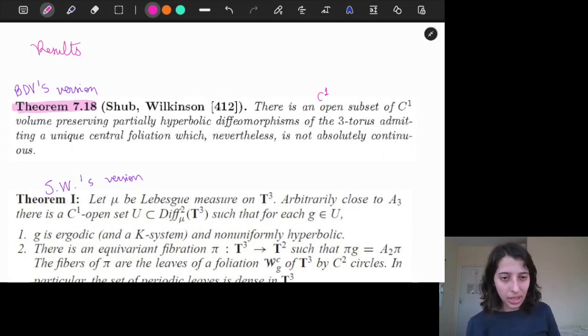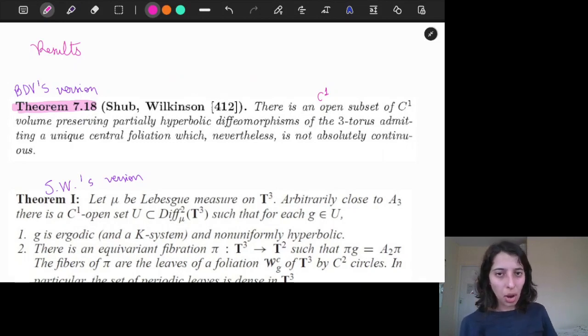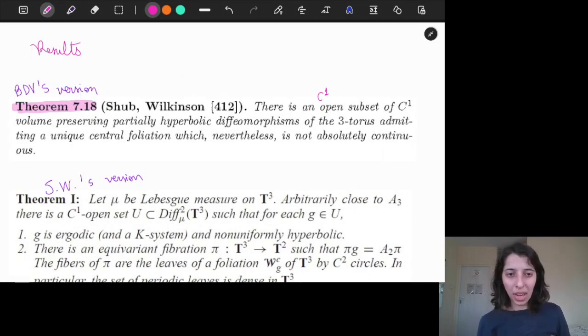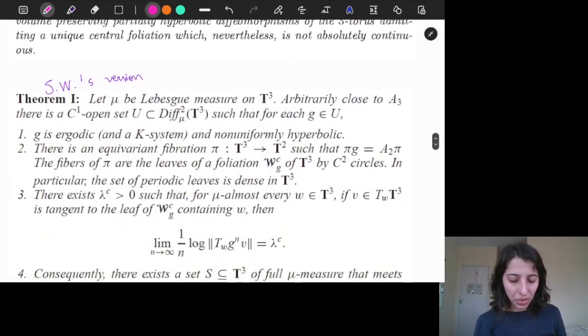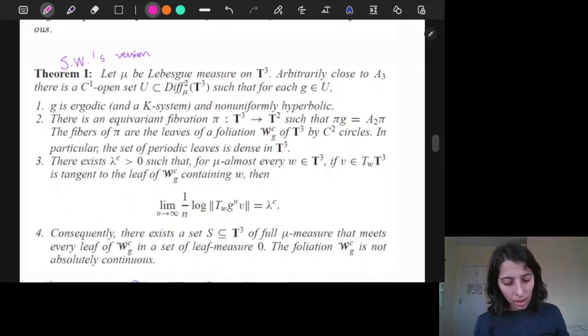And here is the statement in this book: there is a C1 open subset of C1 volume preserving partially hyperbolic maps of the three torus, such that these maps are dynamically coherent, but these foliations are not absolutely continuous. This is what's proven in the book's version. And in the paper's version, it's a bigger statement that is the following.